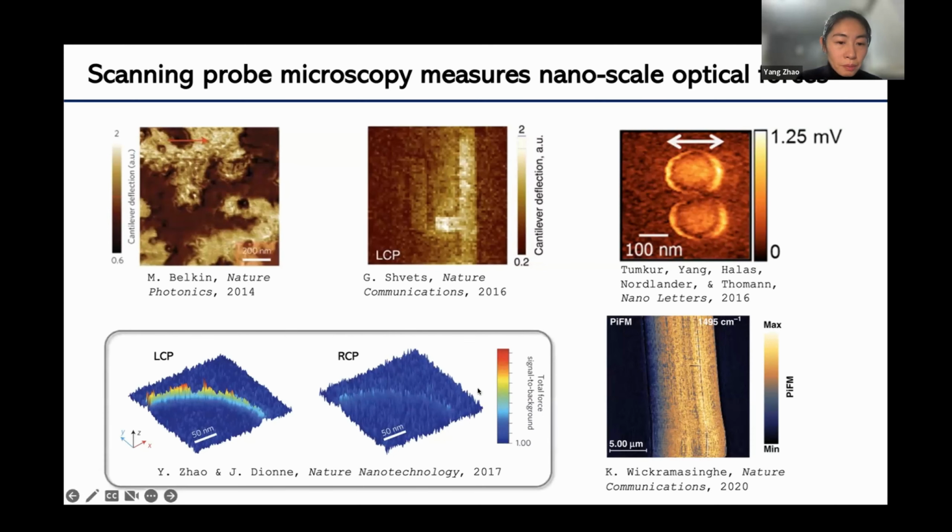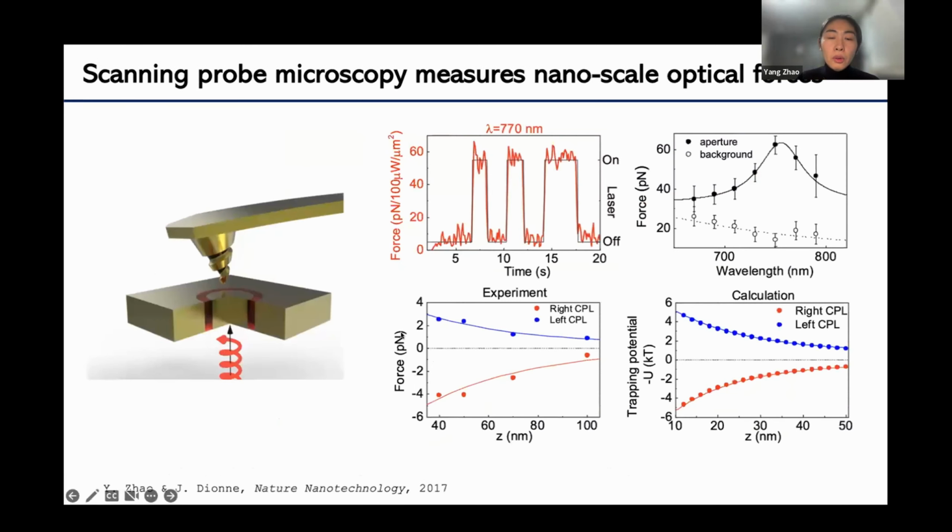So in our group, when I was in Jen's lab, we worked on combining an inverted optical microscope on top with an atomic force microscope, and then we can put nanoscale specimens in between. Here we were mainly focusing on imaging the light-induced forces. The work here, a few years ago, studied a special nanoscale structure.